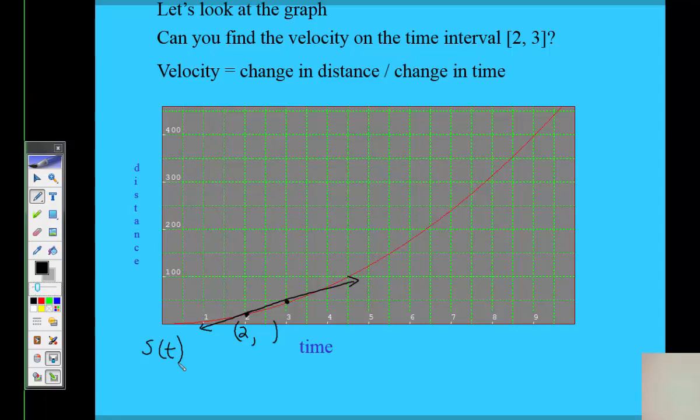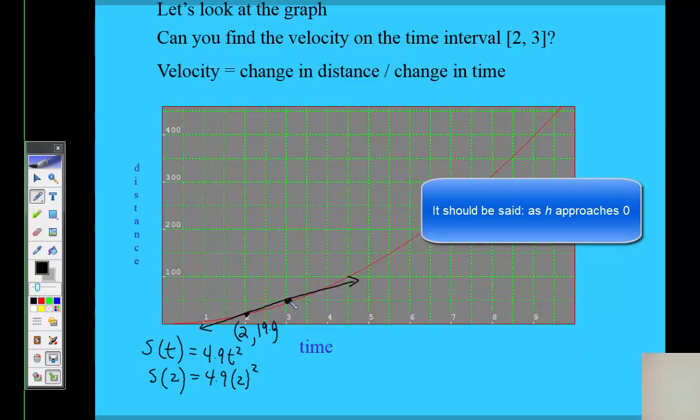S is going to represent the distance fallen. So we could just plug this in to our 4.9 t squared. We're saying at 2 seconds. So we're looking for s of 2 for 4.9 times 2 squared. So that's how we would find the y value. And I think I said that was 19.6? I hope that's right.